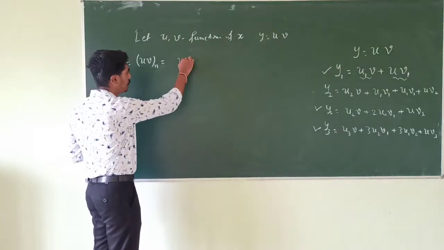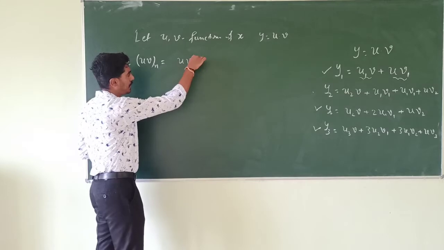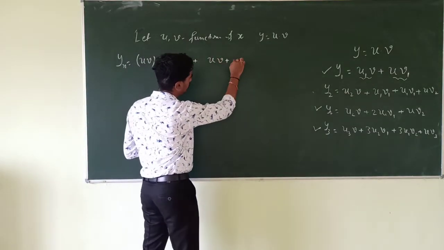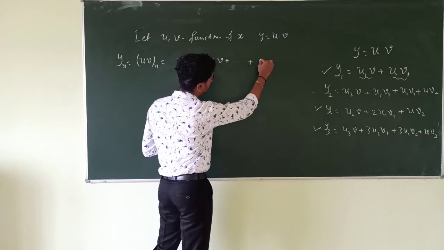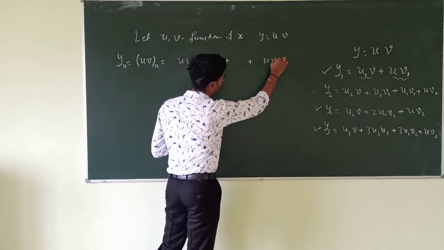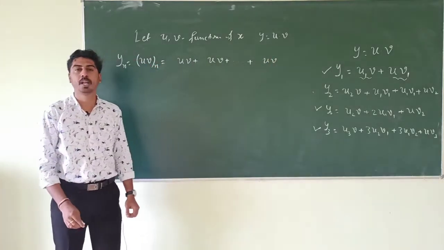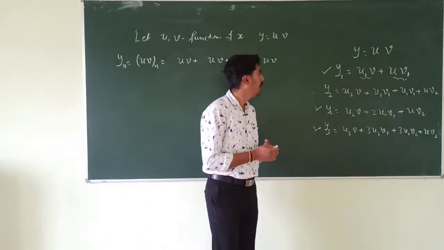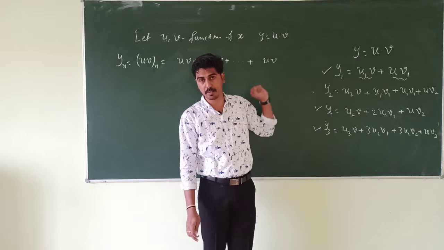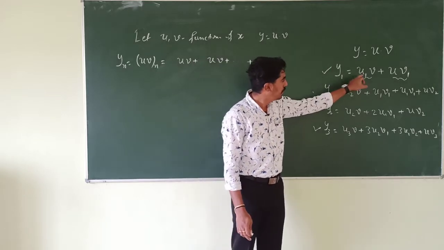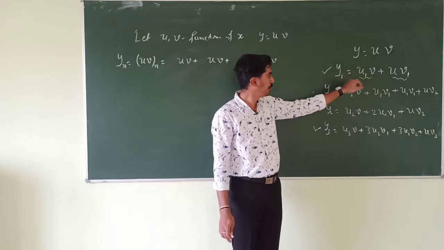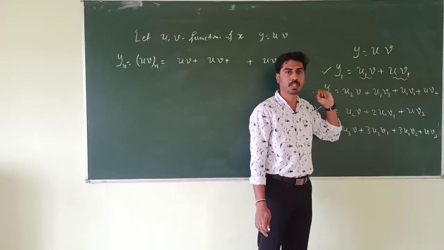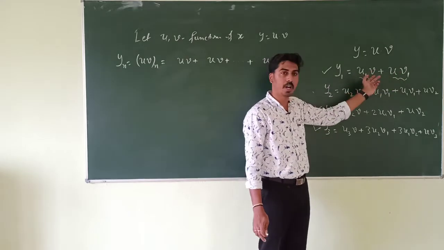And the next observation, here we are finding the first derivative. The order of derivative of u is 1 here and here we have 0. For v, 0 and 1.